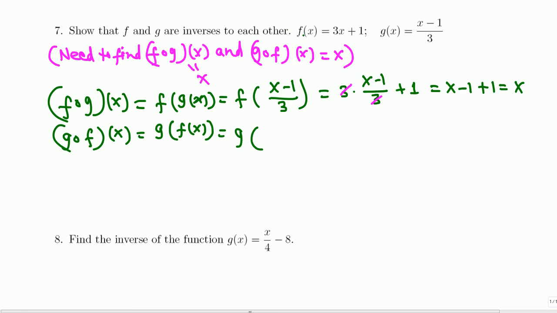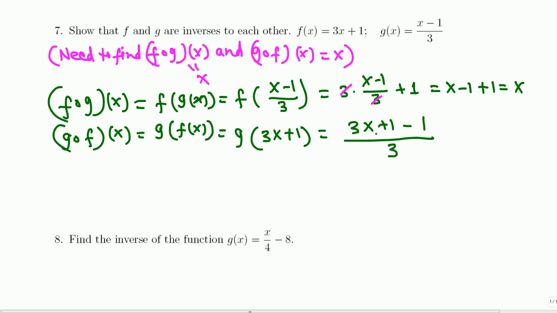Look at the question. f of x is given: 3x plus 1. Now g of input, or think of everything as x. g of x is given as x minus 1 over 3, so g of input is input minus 1 over 3. That's how g is defined. So g of 3x plus 1 is 3x plus 1 minus 1 over 3.